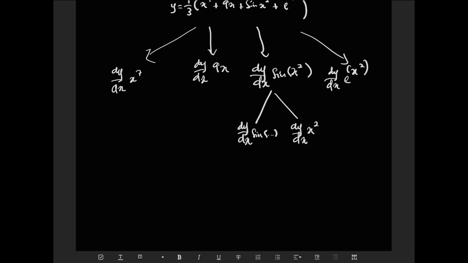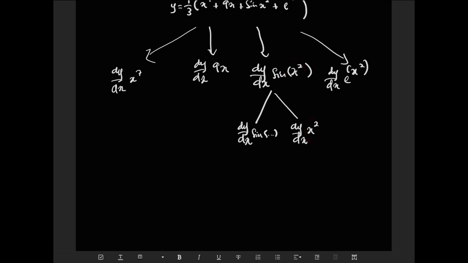The first one will be sine of whatever function is inside. We are going to just focus on what we call the outer function, and the second one we are going to write the inner function, which is the x squared.